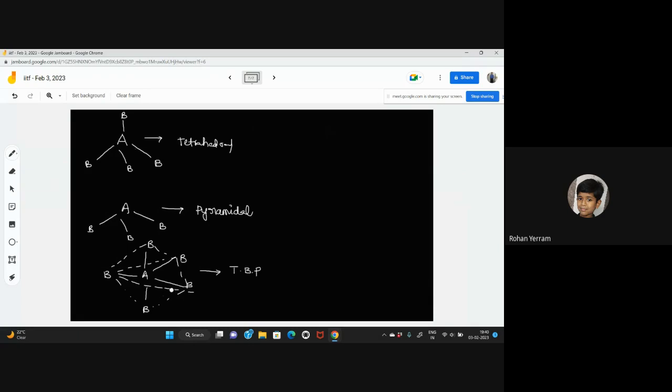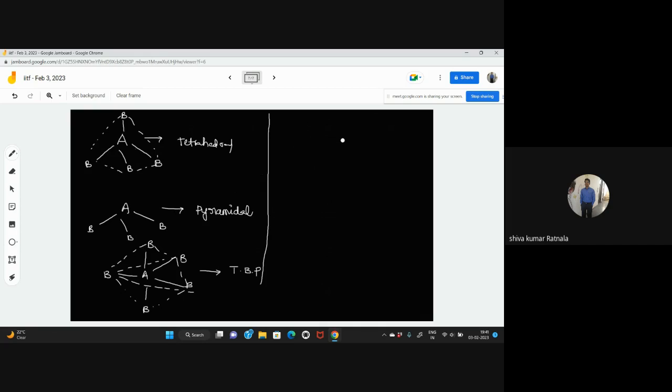Sir, could you draw the dots for tetrahedral? I'm not understanding. That means B will be opposite, like a tripod stand. Two will be on one side and one will be on the other side. Same way.